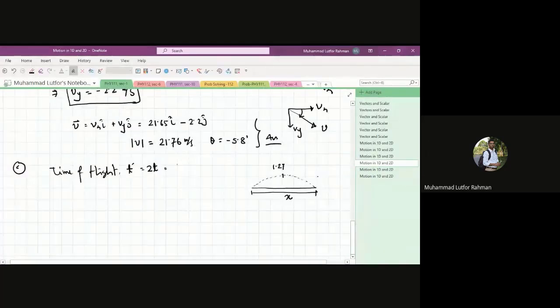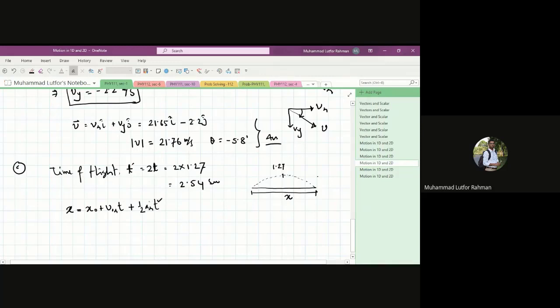Then 2 into 1.27 is going to be 2.54 seconds. Right? So this is actually the total time of flight. Then I can find the distance along the horizontal direction. I will use, look at this, x naught plus v naught x t plus half of ax t square.